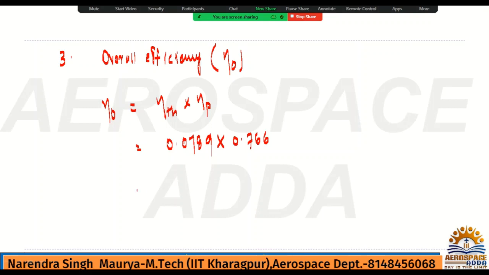If you do this, the overall efficiency approximately, calculate this value, how much is it? 0.0789 into 0.766, so it is 0.06043, but in percentage it is multiplied by 100, so you will get 6 point something.